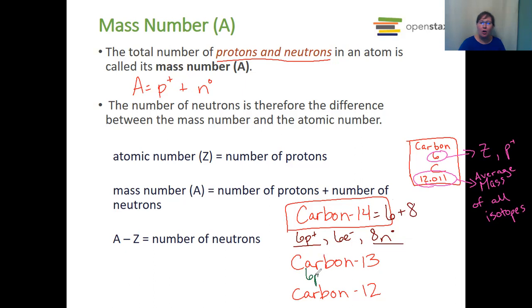Carbon always has 6 protons, and in its elemental state, not an ion, it also has 6 electrons. So 13 is equal to 6 plus 7, which means we have 7 neutrons. Then carbon 12 has 6 protons and 6 electrons, so it's 6 plus 6, which means carbon 12 has 6 neutrons.